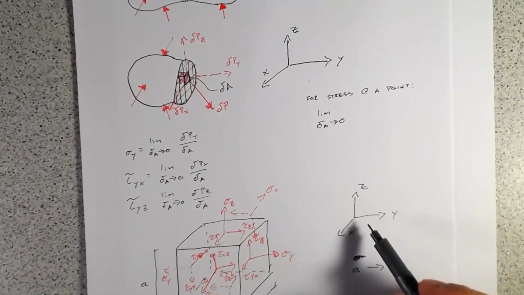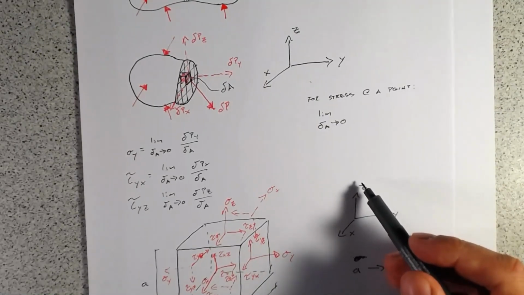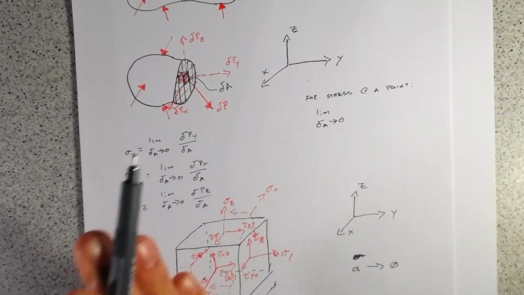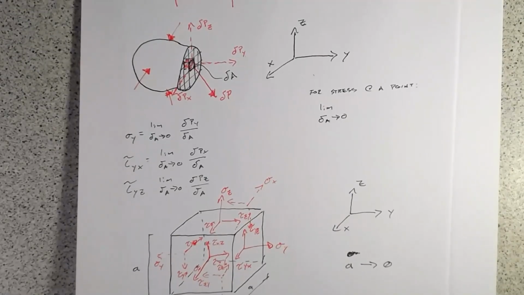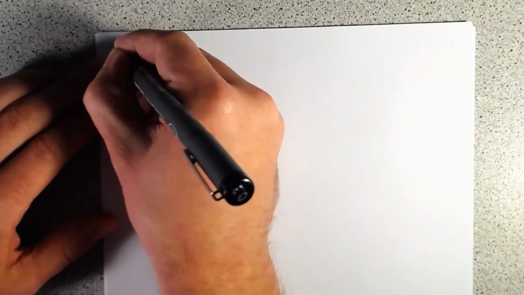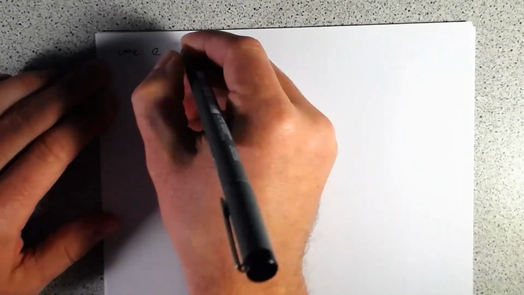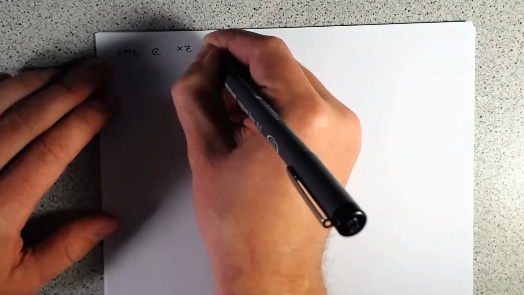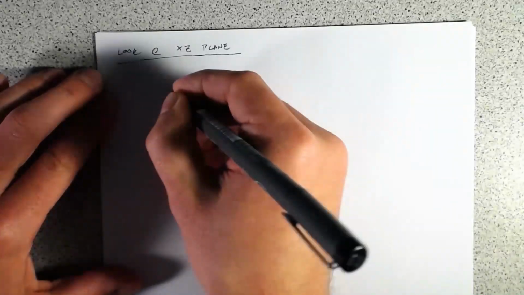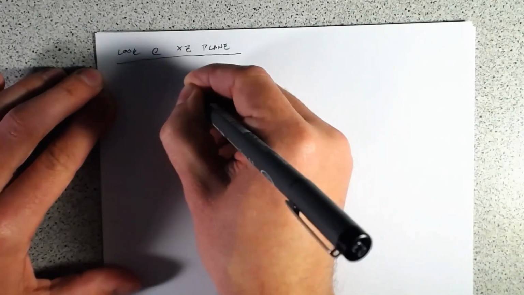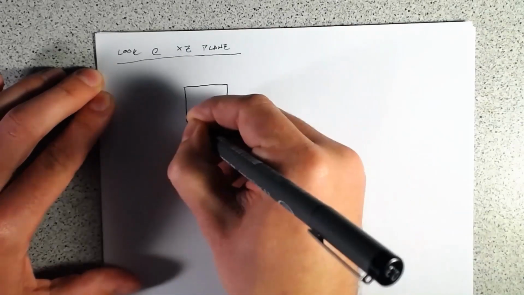So, what we want to start with first is let's just look at the XZ plane. So we'll just look at this plane pointing in this direction, and we'll draw what our stress state is there. Looking at the XZ plane, what does our little free body diagram look like?